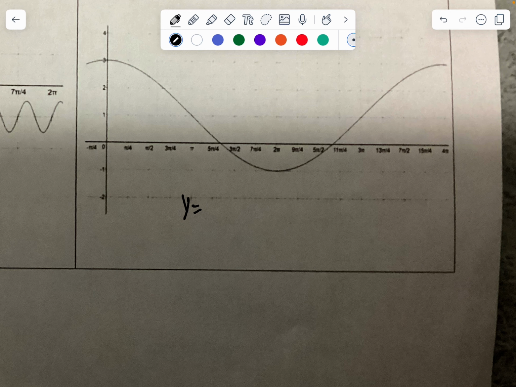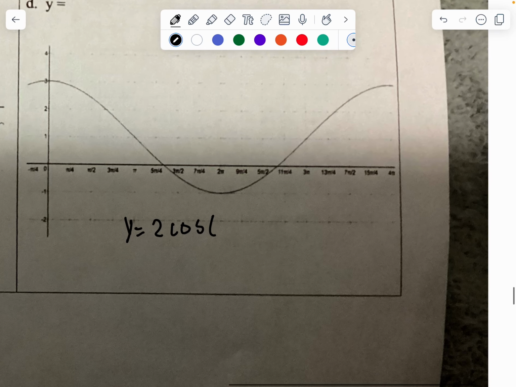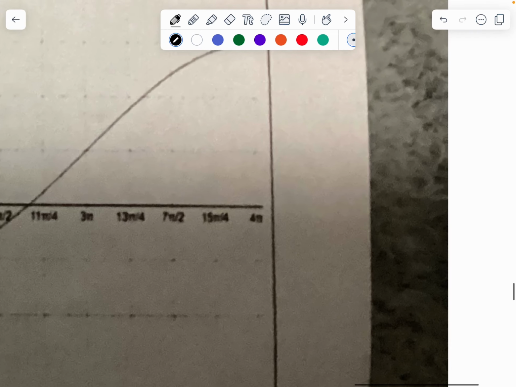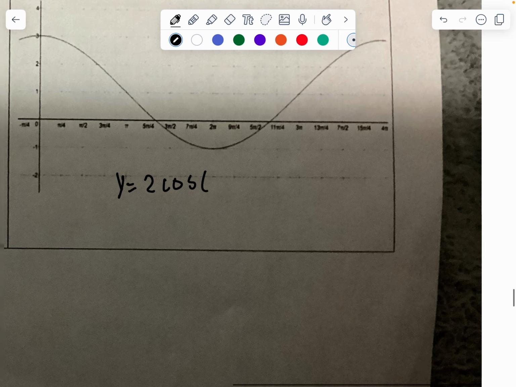Our a value is 2 cos, and then it goes from 0 to 4 pi. 2 pi divided by 4 pi equals 1 over 2. 1/2 x. No shift left to right.